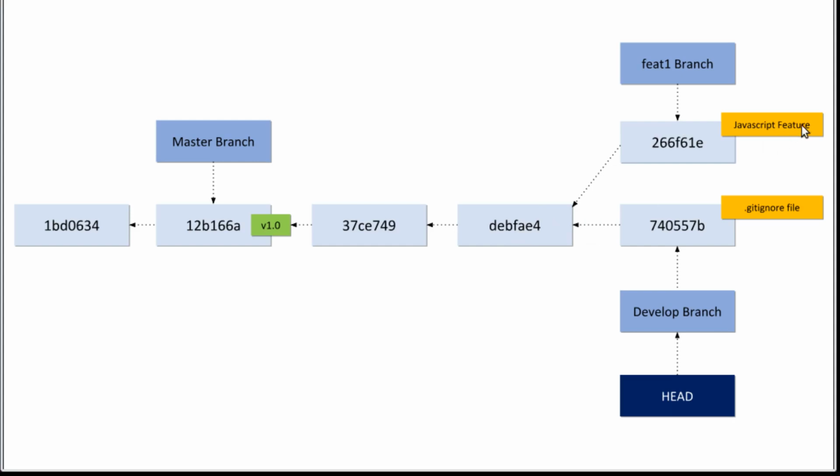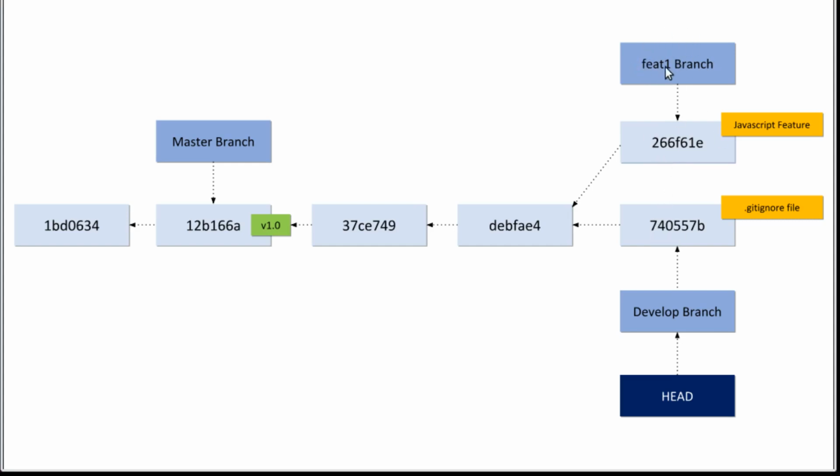So the first one is the JavaScript feature. So this is going to be the update to the index.html, the update to the style.css, and the creation of the JavaScript, or whatever it's called, script.js. So we've changed 3 files in this commit, and then that's on feature 1 branch.